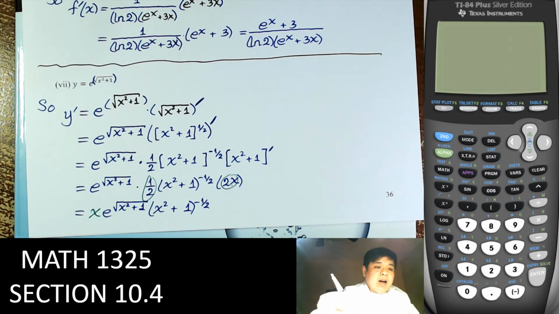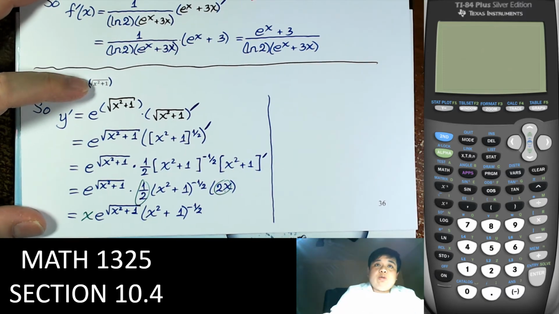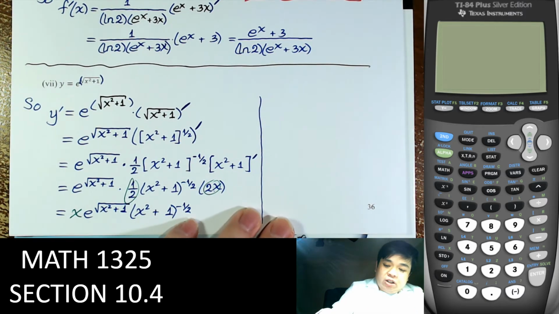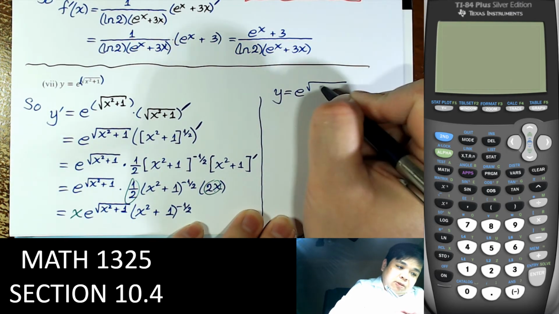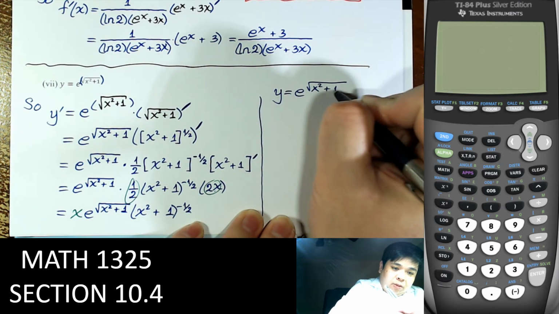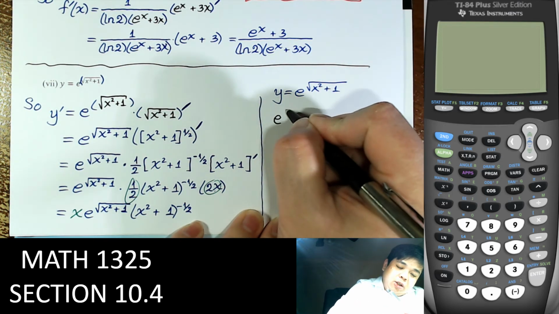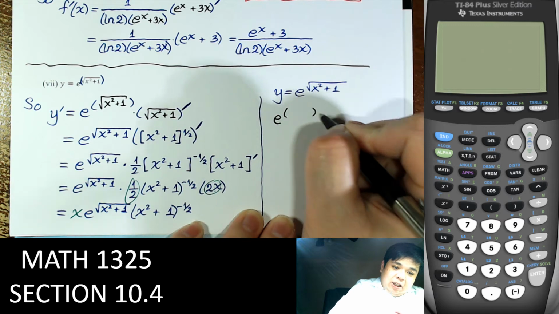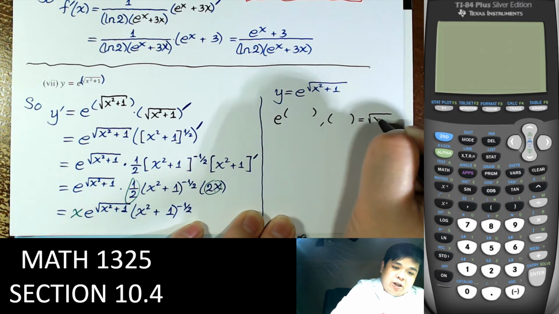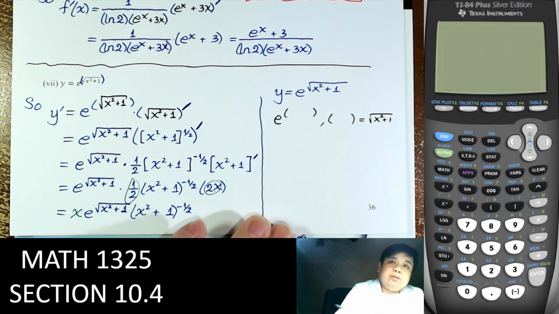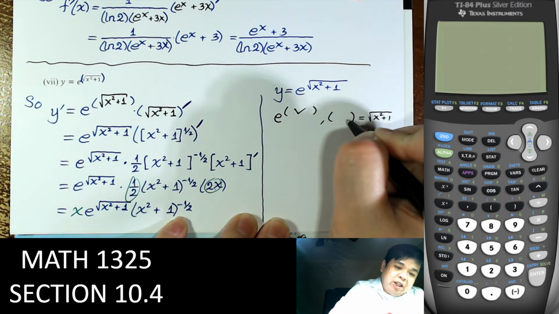Right. Before we go any further, I just want to make a little comment about this. On this one, we actually make the computation as follows. First we set e to something, and that something is square root of x squared plus 1. Let's put u or v, doesn't matter, let's use v.